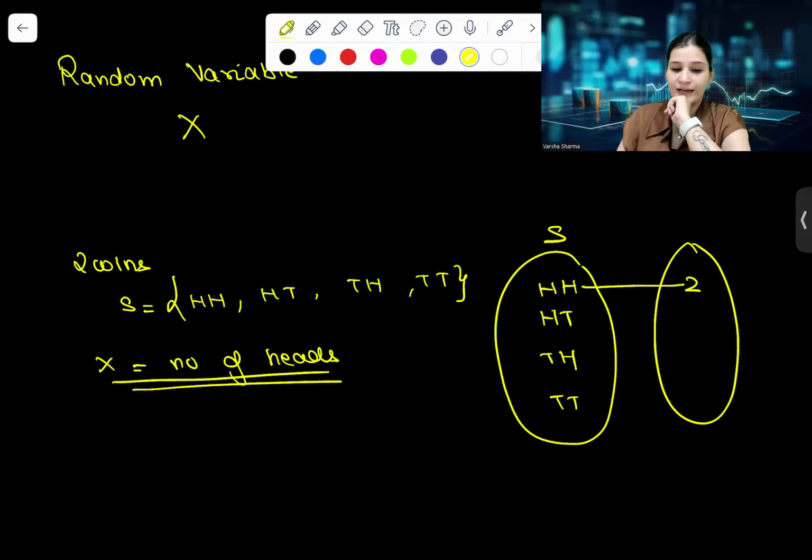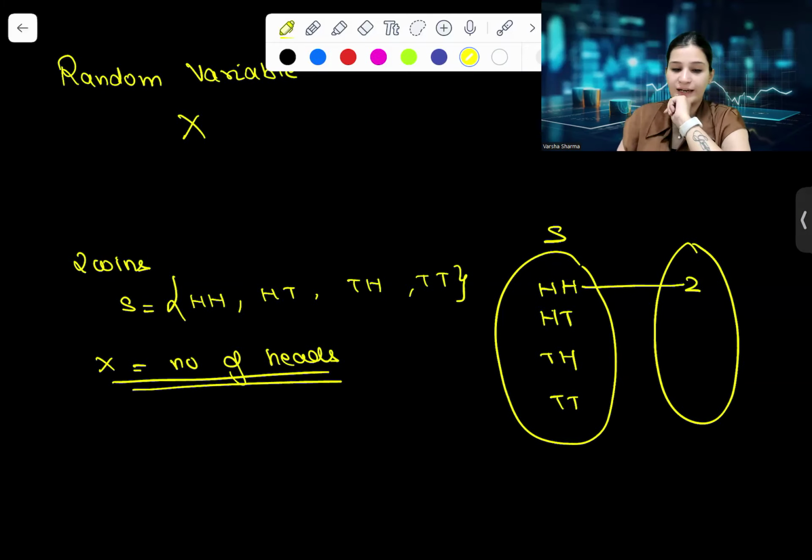Okay, so what is a random variable? It is a real valued function. To every element of the sample space, it assigns a real number. That can be anything, fraction, decimal, zero, anything.